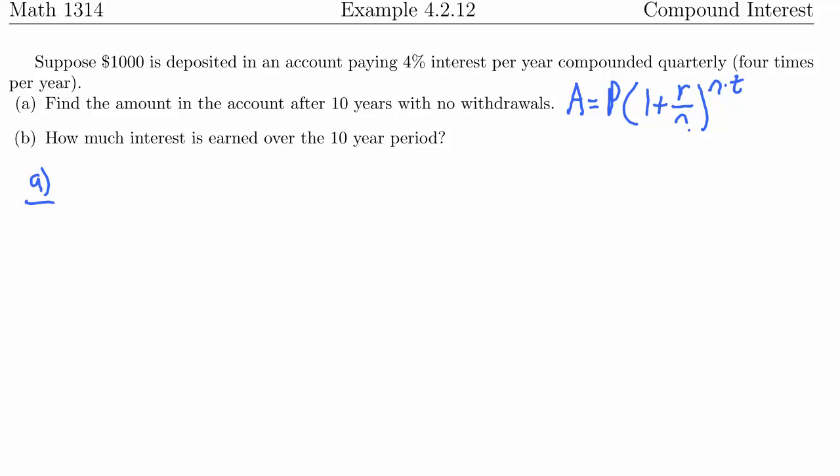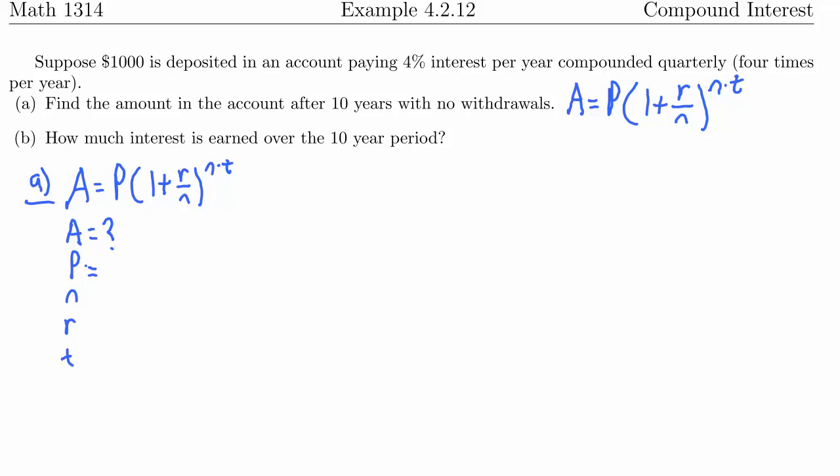There are actually 5 variables here, so you're going to have A is equal to P times (1 plus R over N) to the N times T. What you want to do is write down all of your variables: A, P, N, R, T. And A, in this case, we don't know. We don't know the future value, so that's a question mark.